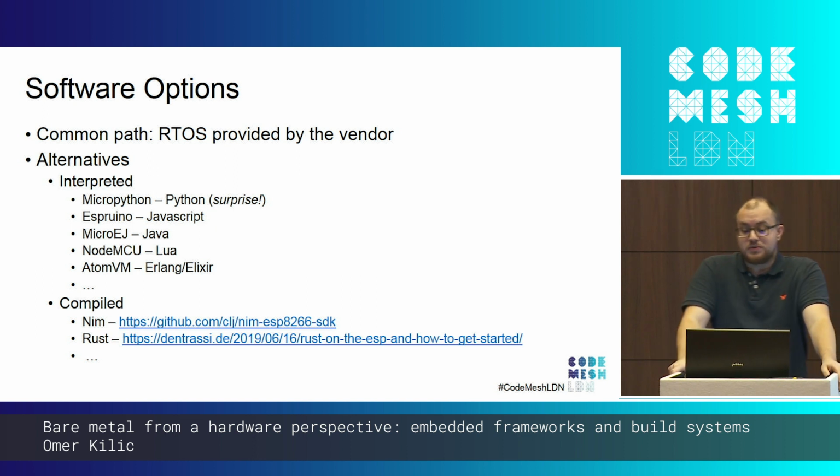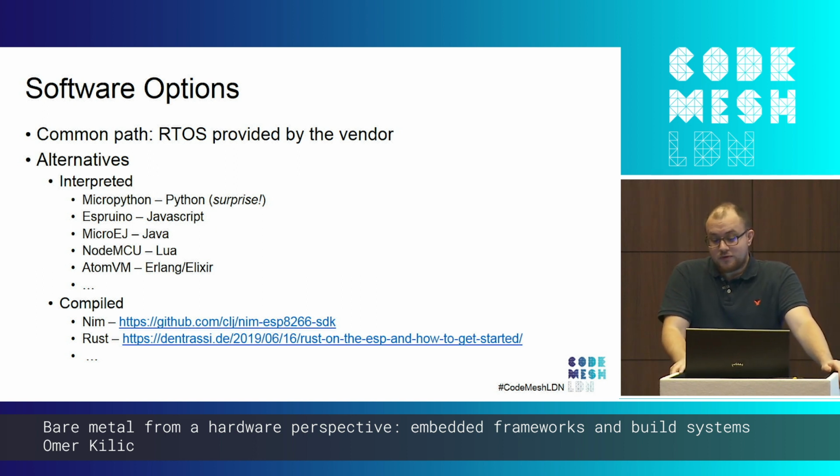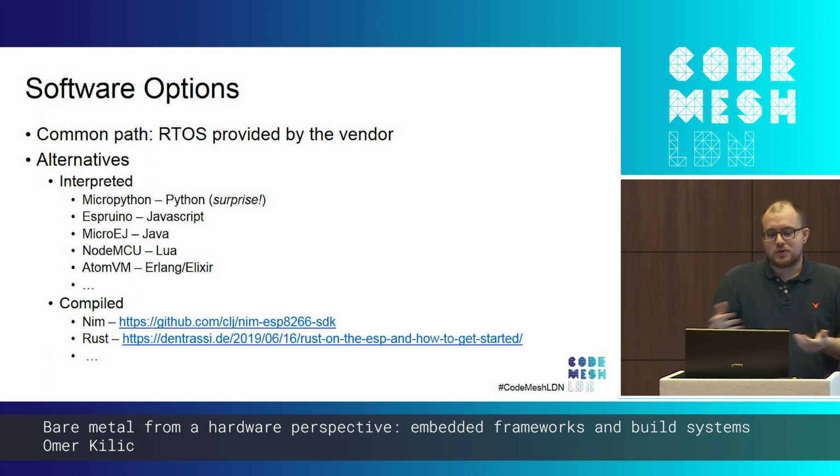Same goes for JavaScript. The AtomVM for Erlang and Elixir is a work in progress. It's very actively developed. It lacks certain things. Like, I don't think it has binary support yet, for instance, or very basic binary support. But you're in the world of trying to fit traditionally a large thing, which is a VM, into a very small device.